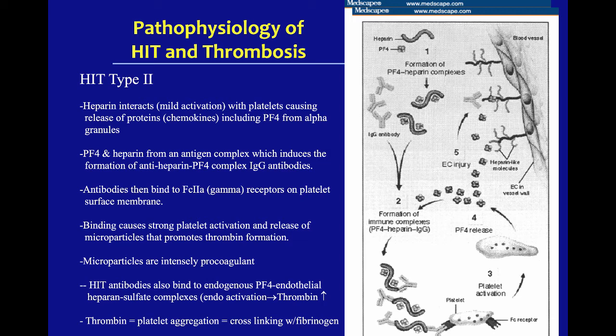They really promote the formation of thrombin. These HIT antibodies also can bind to the endogenous PF4 endothelial heparan sulfate complexes on the vessel itself, on the endothelium, and that can also trigger thrombin generation. So it works in a couple of different ways, but it's that release of microparticles that can really cause a cascading of thrombosis.